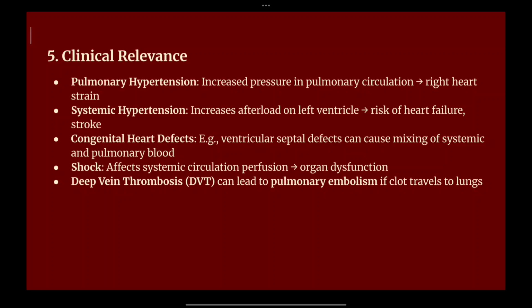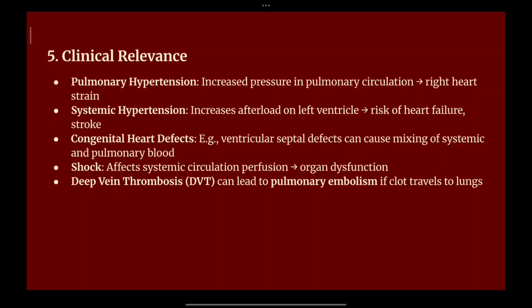Here, when the organ is not receiving proper oxygenated blood and it is not removing the carbon dioxide from it, then there is organ dysfunction. So the normal functioning of the organ is disrupted, leading to the failure of the organ. If the organ fails, there is septic shock or other types of shock that lead to the failure of the systemic circulation.